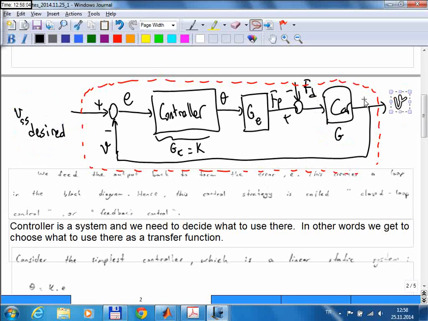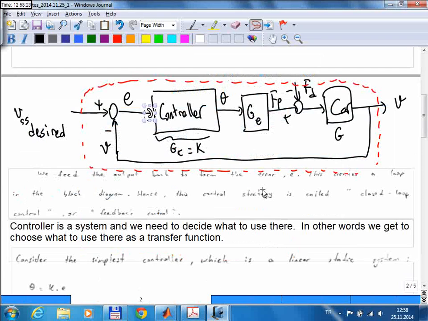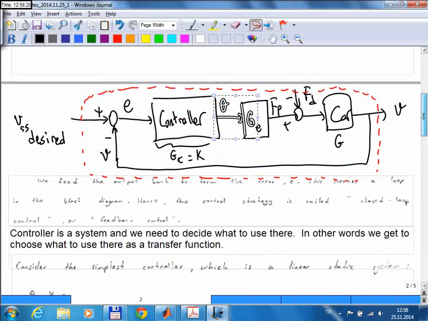So by the way, by forming this feedback controller, we changed the input to the system, right? If you look at the original block diagram, there were 2 inputs. One was the disturbance force, and the other was the gas pedal input. Now, in this new block diagram, the gas pedal input is an internal signal and not an external input to the system anymore.